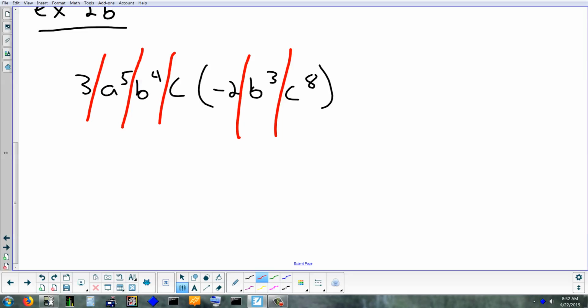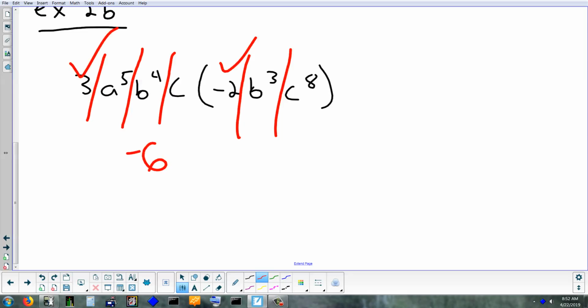I think for me personally, it keeps it organized and I'm able to see it. If it's more stuff on paper that confuses you, that's fine. I'm just giving you this as a suggestion. Like Campbell just said, we're doing 3 times -2, we're going to get -6. So we took care of this, we took care of that.